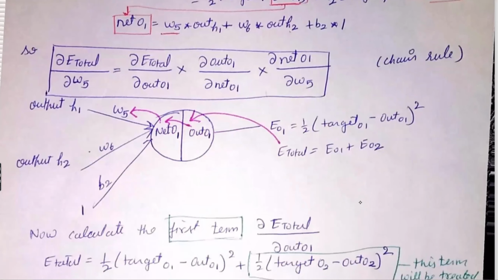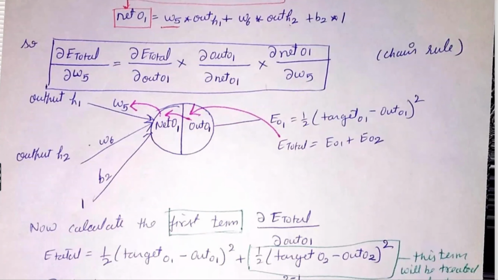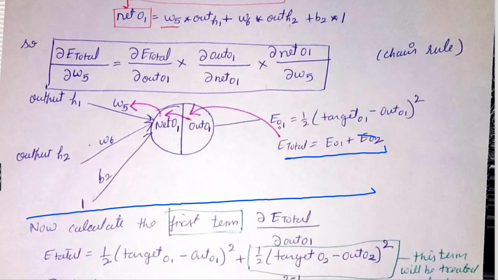With this diagram, you can clearly understand how we have calculated E total. E total is the error of output O1 plus the error of output O2. The error of output O1 equals 1 by 2 (target of O1 minus output of O1) whole square, which we have calculated just now.